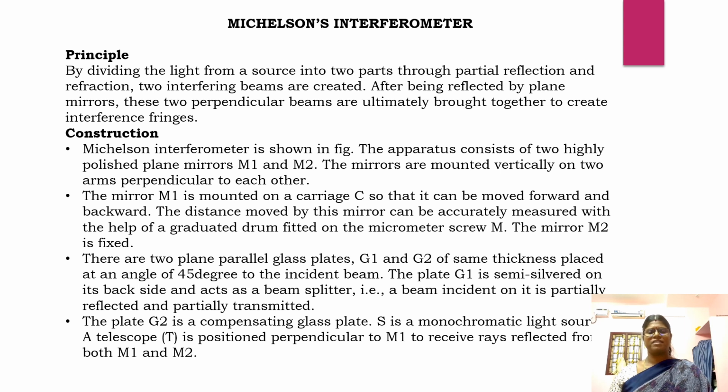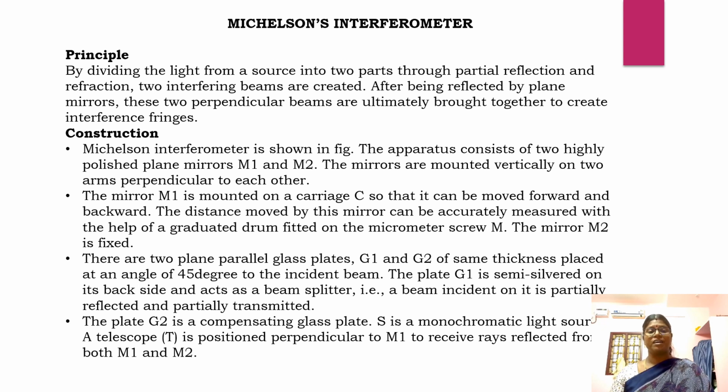Next, the Michelson interferometer principle. By dividing the light from a source into two parts through partial reflection and refraction, two interfering beams are created. So from a single source, two interfering beams are created in the Michelson interferometer. After being reflected by plane mirrors, these two perpendicular beams are ultimately brought together to create interference fringes.